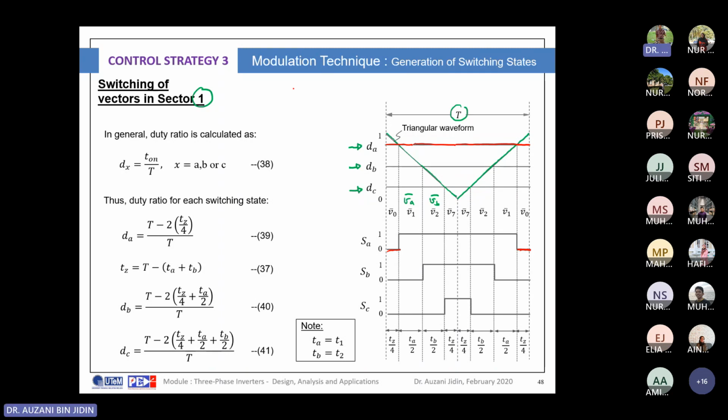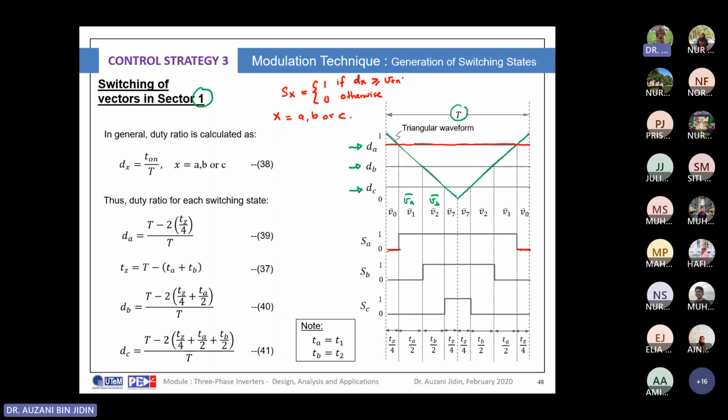So maybe I can write in general the switching state SX, where X can be A, B, or C. It can produce either 1 or 0: 1 if dX is larger than or equal to the triangular waveform, otherwise 0, meaning the duty ratio is less than the triangular waveform. Here X in general can be phase A, B, or C.